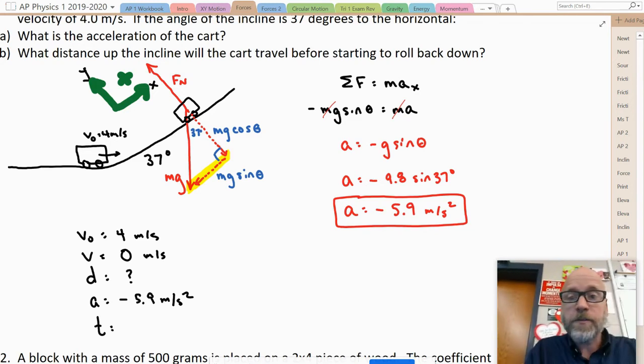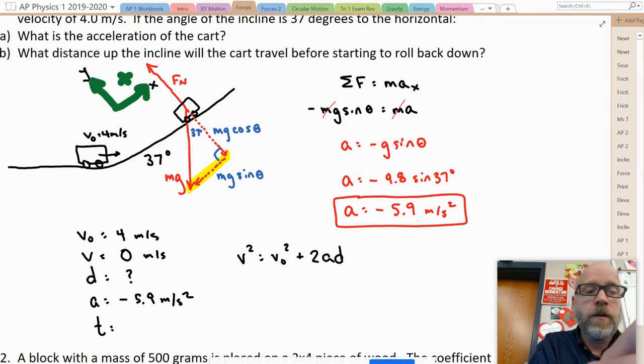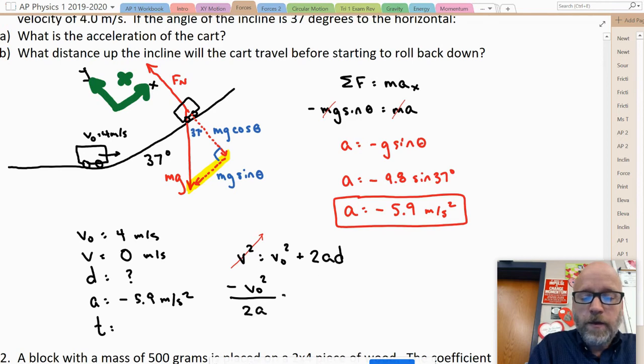So given that information, I would utilize the formula v squared equals v naught squared plus 2ad. The final velocity squared goes away because it's 0. So then I'm going to end up with negative v naught squared divided by 2a equals d.